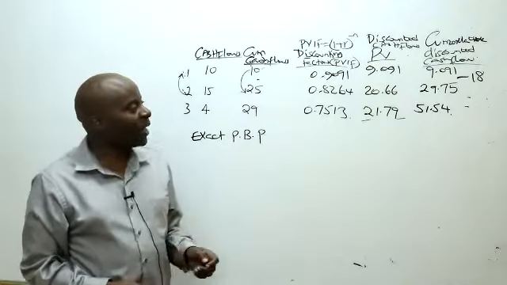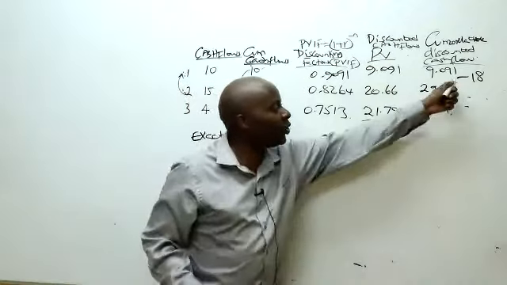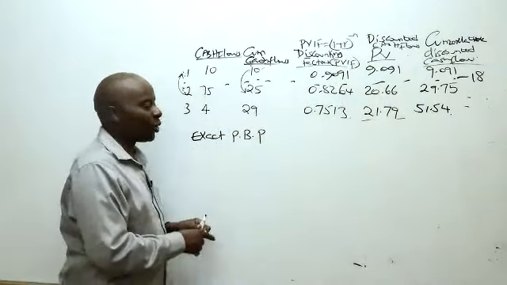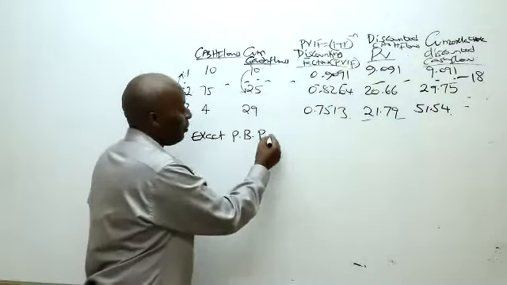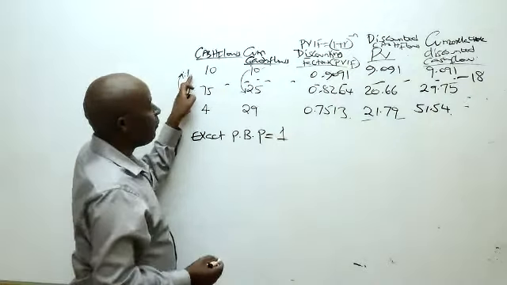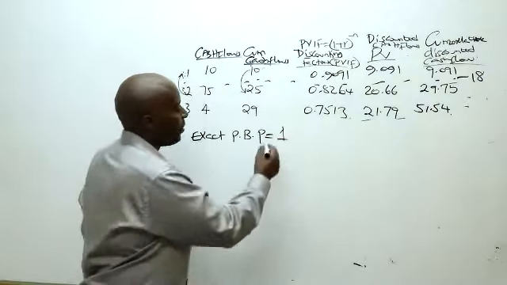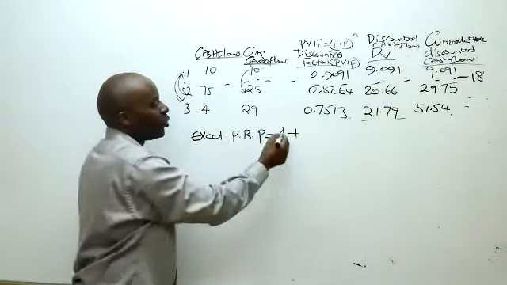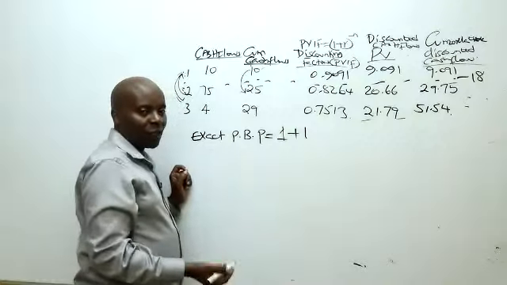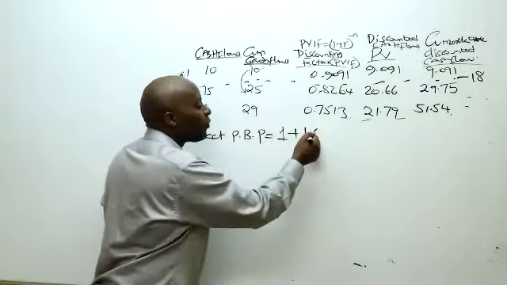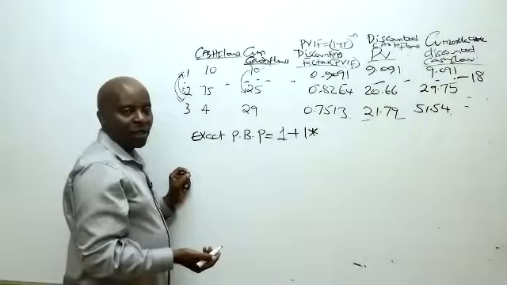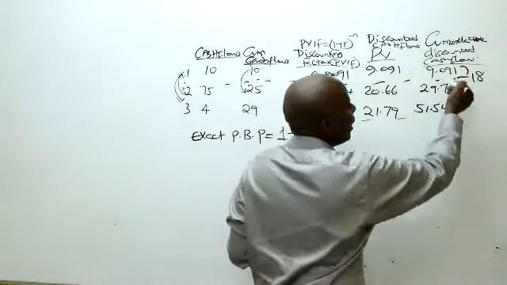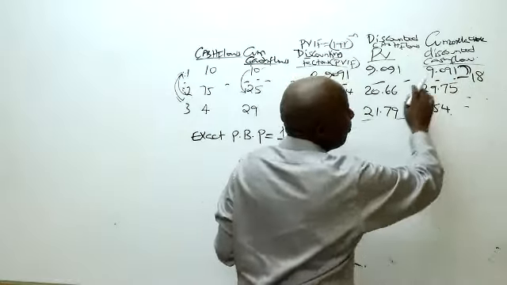So remember, for our payback period, you're going to see where 18 is. It falls in between year 1 and year 2. So the exact payback period will be equal to the lower duration plus the difference between the two, 2 minus 1, which gives us 1, times the difference of the upper arc, from 18 to 9.091.